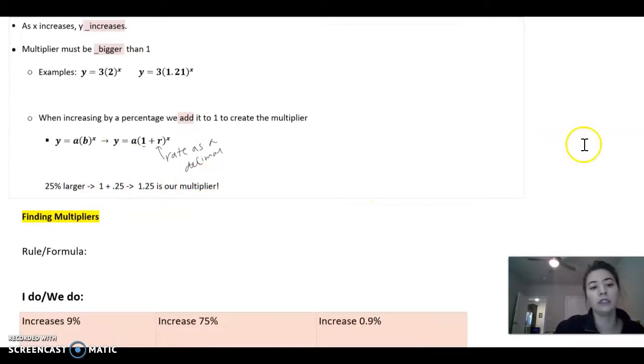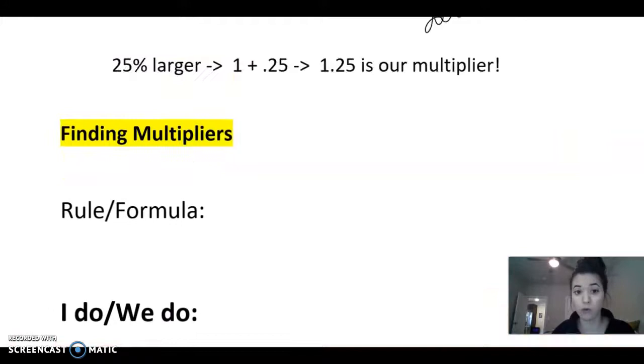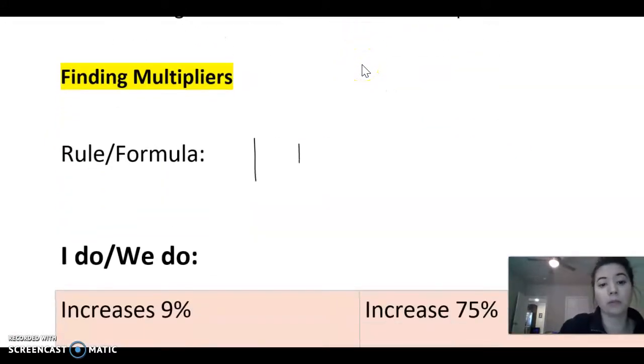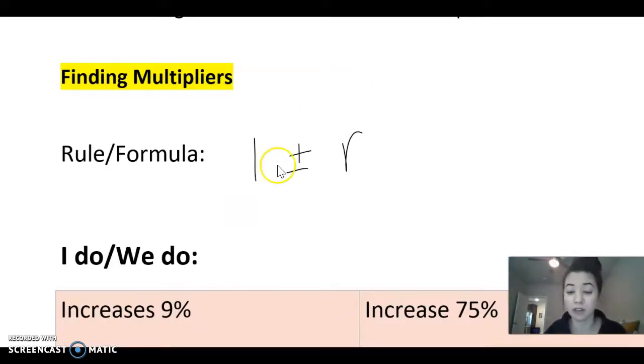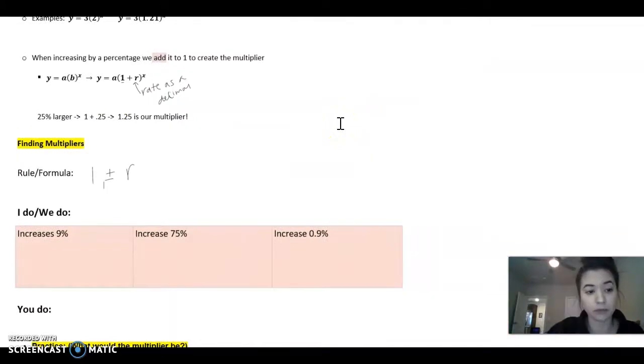So our actual rate formula is this 1 plus r, except it's going to be 1 plus or minus r to give us our multiplier. We say plus or minus because when we're in decay tomorrow, we do 1 minus our rate. But because we're talking about growth today, we're doing 1 plus our r value.